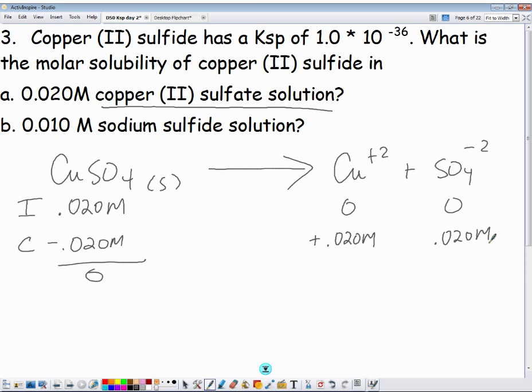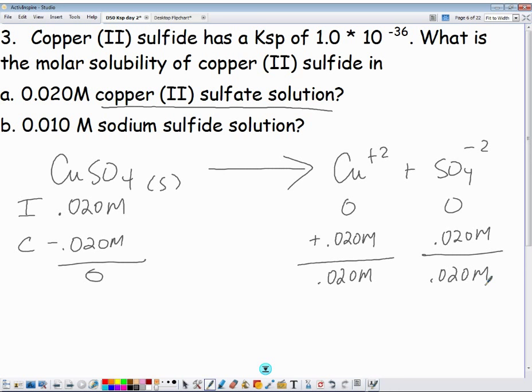So instead of doing minus x plus x, when I don't know how much dissolves, it's minus 0.02 plus 0.02 plus 0.02 because I do know how much dissolves. All of it. And then I look at those coefficients to know how much of each ion I have when it has all completely dissolved. And I just use coefficients to help me decide that. So, glad you asked, Michael.